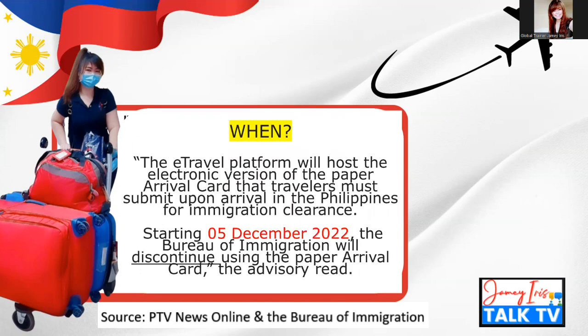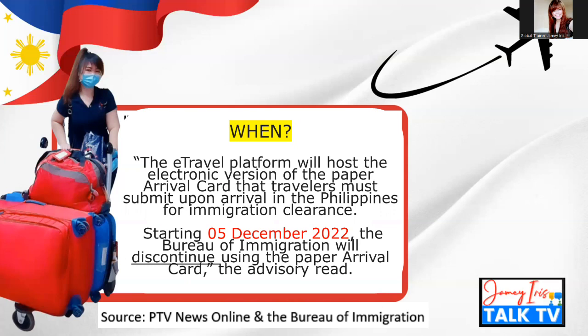Now, just like what we've said, the e-travel platform will host the electronic version of the paper arrival card that travelers must submit upon arrival in the Philippines for immigration clearance. So there will be no separate arrival card that is on paper that you have to complete. You only have to complete this, and all the information will be gathered from you.